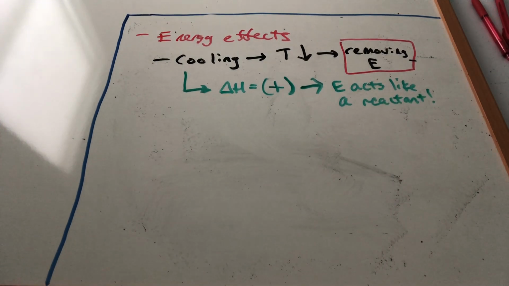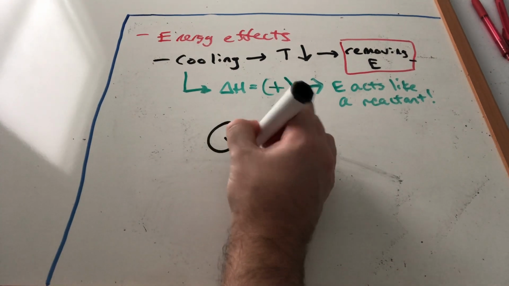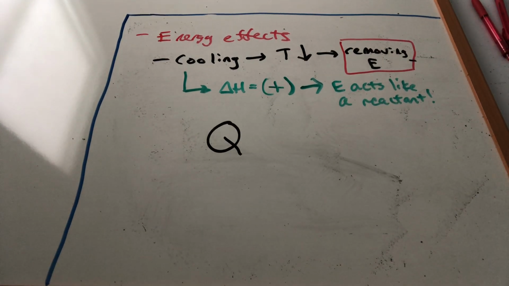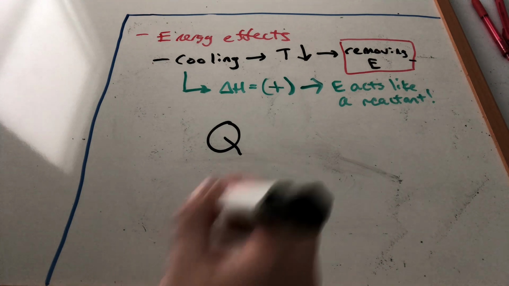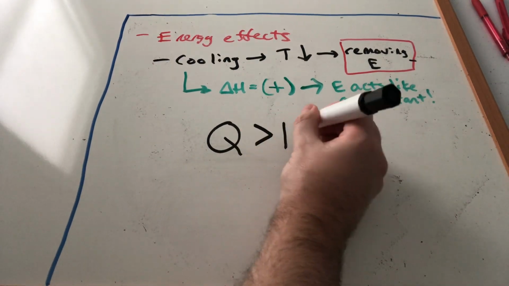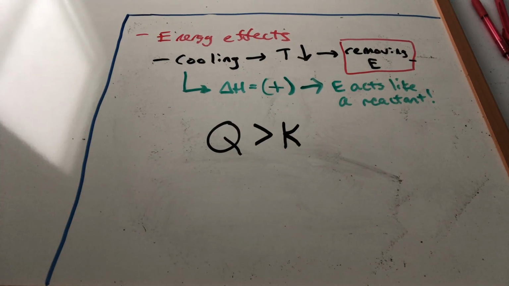From our previous analysis, what happens if you remove a reactant? Well, the reactants are in the denominator. So if I make the denominator smaller, Q becomes greater than K.